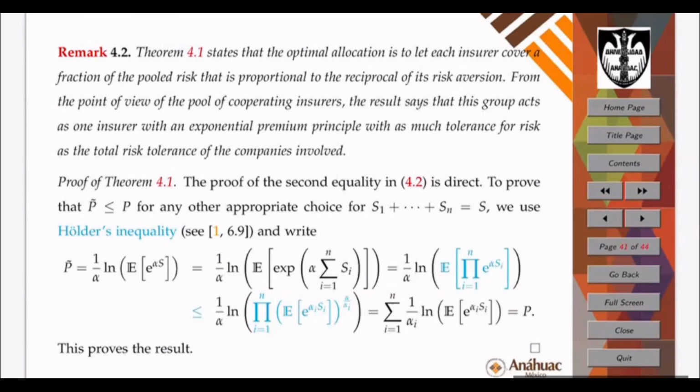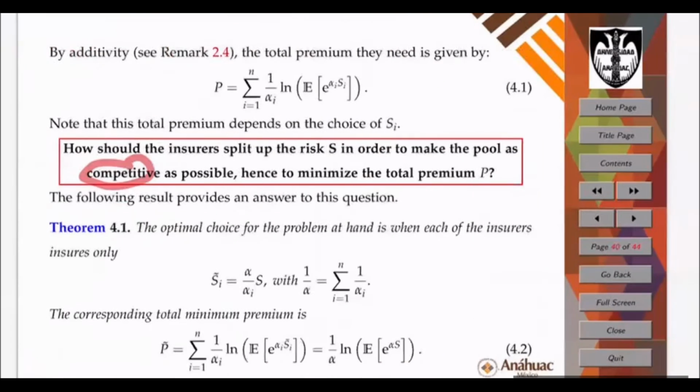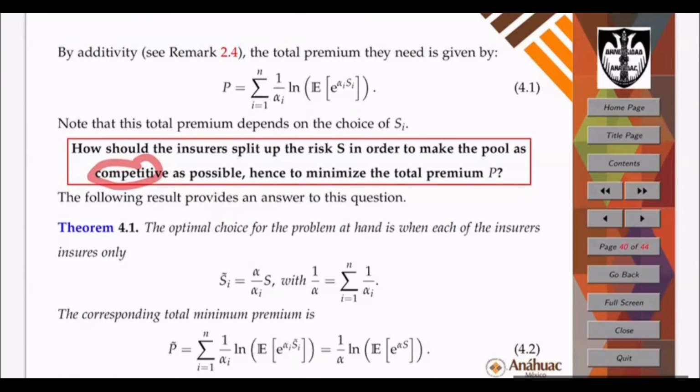Now, please observe also that this premium tells us it is best for the policyholder to just pay that amount instead of this other amount here, because this thing here is lower or equal than this other thing over here, right?